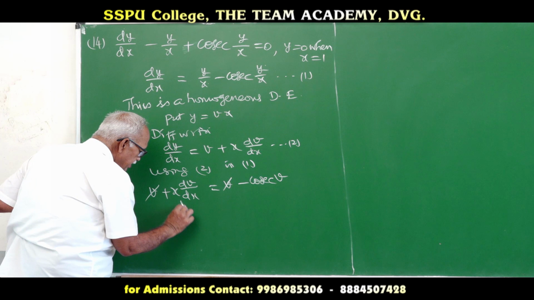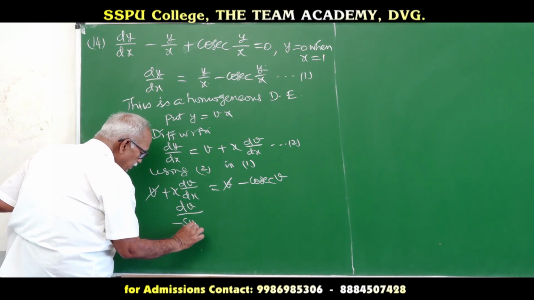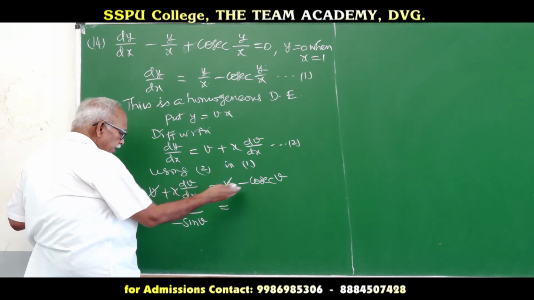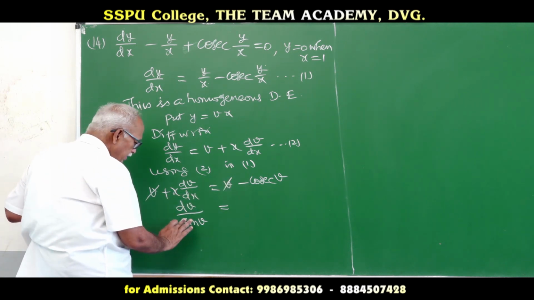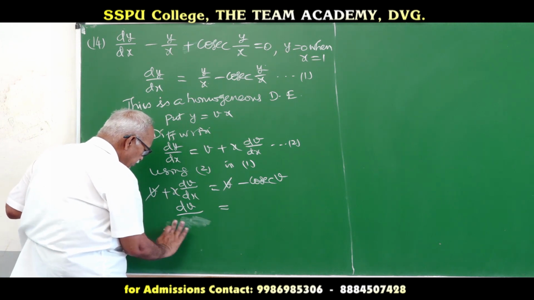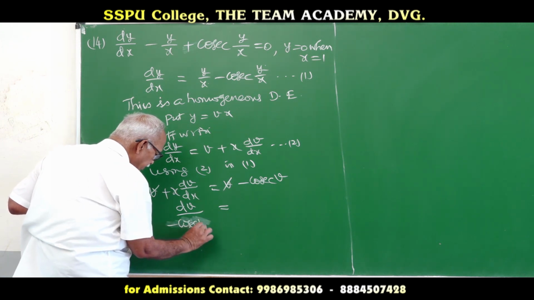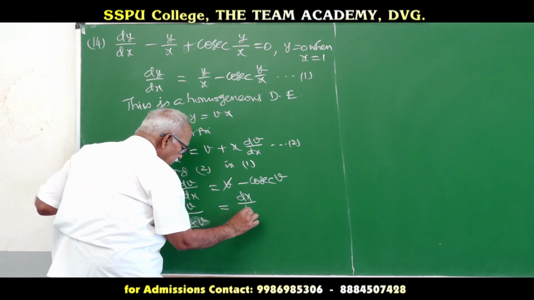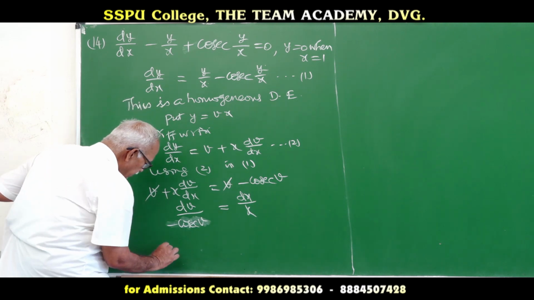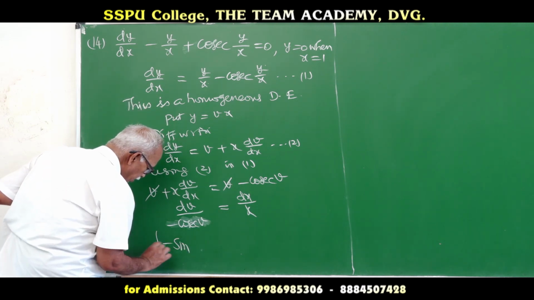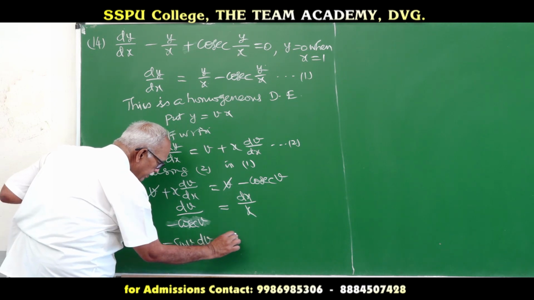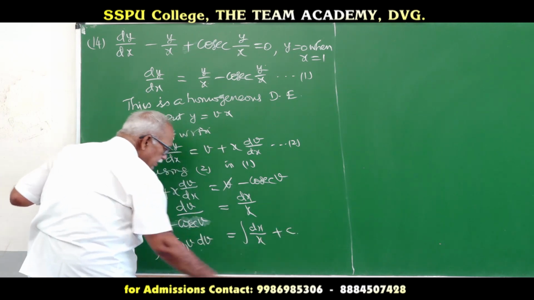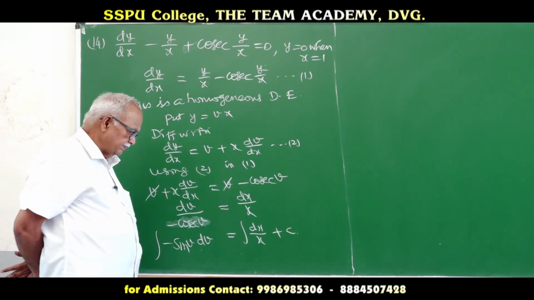Now dv by minus cosecant v, I have brought it here, is equal to dx by x. Now this is nothing but minus sin v dv, integral of minus sin v dv is equal to integral of dx by x plus, let us take that as c.